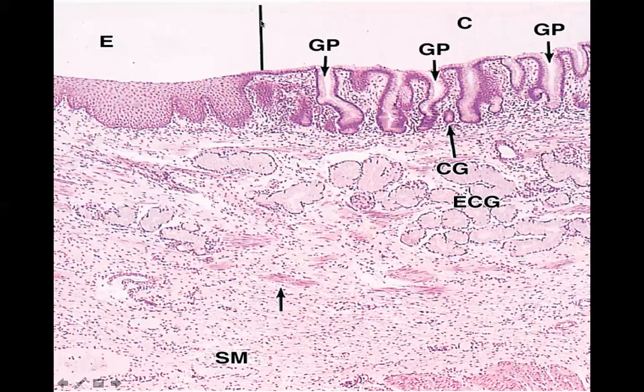That is the junction of the esophagus and the cardia. Now, this is the lower third of the esophagus. If I ask you what type of muscle is found at the tunica muscularis in this part of the esophagus, you will answer smooth muscle, because smooth muscle occupies the lower third of the esophagus.